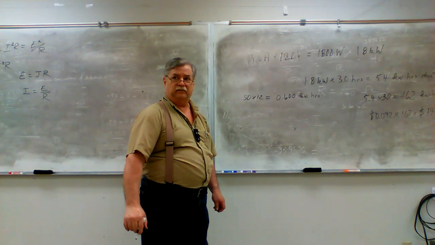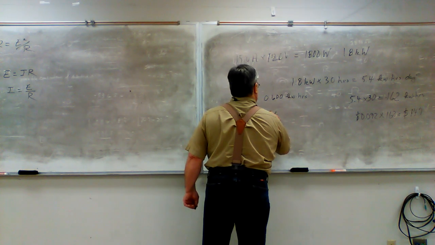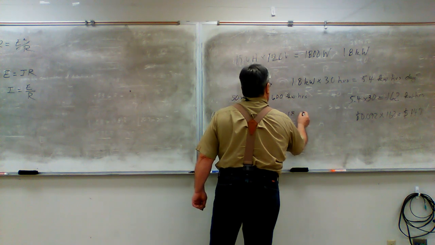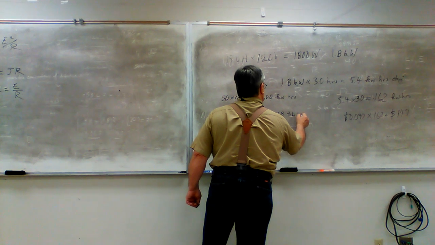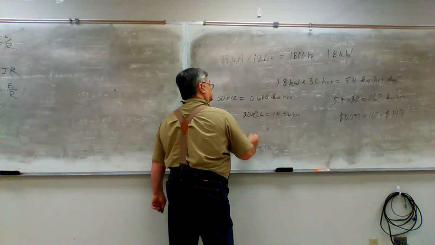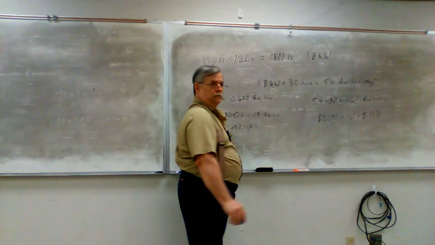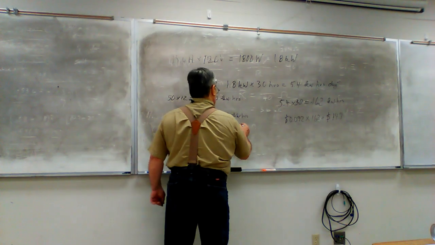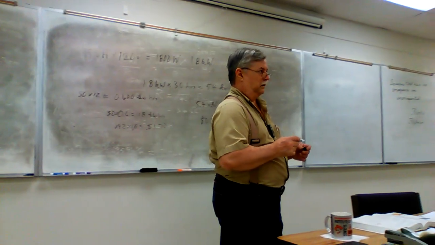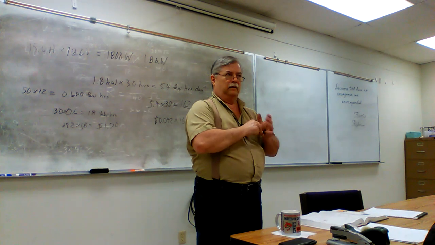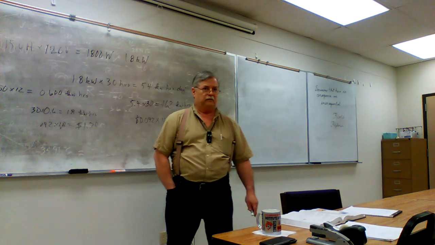You multiply that times 30 days, 18 kilowatt hours. About $1.70 to run that bulb 12 hours a day, every day, the whole month. Less than $2.